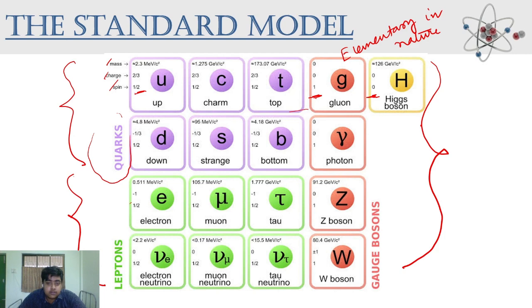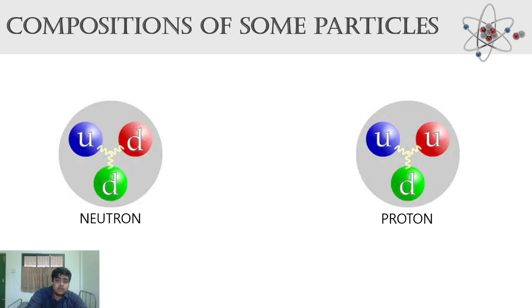Let me take an example. For example, a proton. Yeah, a proton is a hadron since it's a composite particle. We have a diagram of proton in one of the next slides. Let me show. Yeah. So this is a proton.